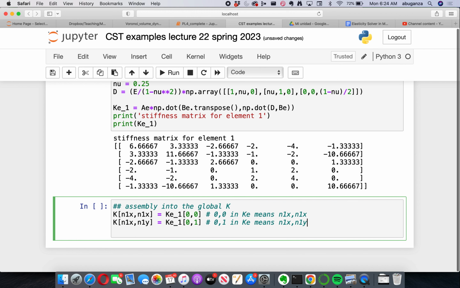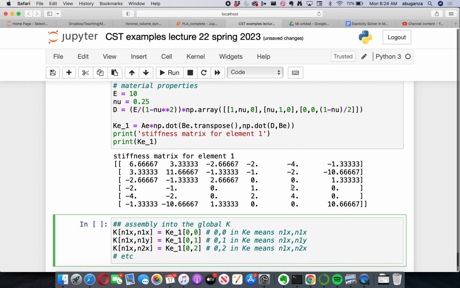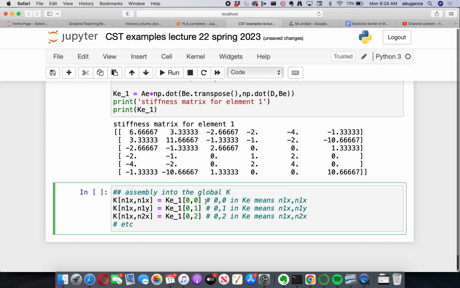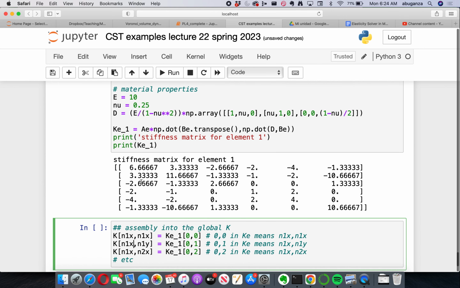If I do the next one, it's going to be n1x and n2x, etc. Right? But what is n1x and what is n1y? I already have n1, n2, and n3, but I need to get n1x and n1y. What is that?